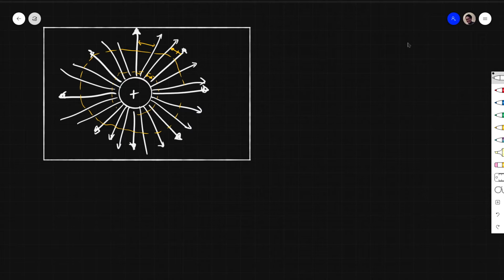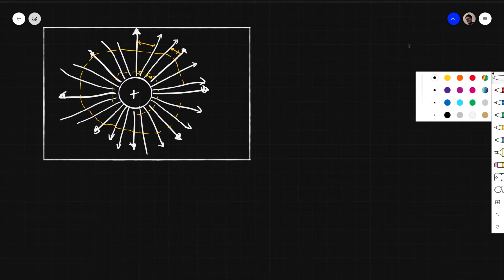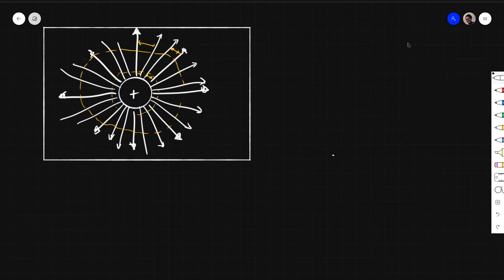Let's create an analogy using a picture. Let's say you're standing here and you have two friends, one standing here and the other one standing here.